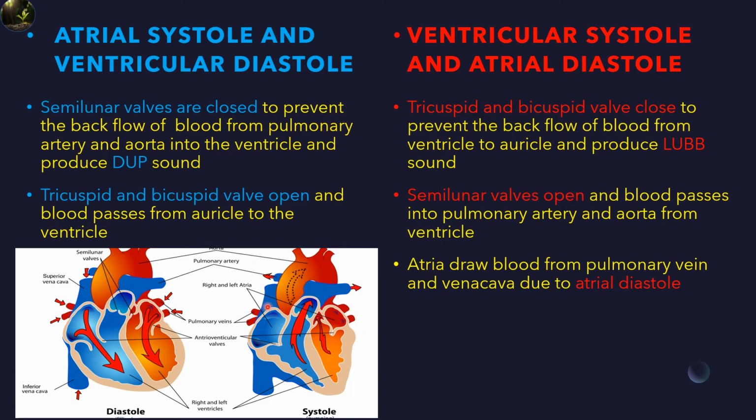The right atrium draws blood from the vena cavas, superior and inferior vena cavas. Then the left atrium draws blood from the pulmonary veins. This is because the atria are in the diastolic stage, the relaxed stage.